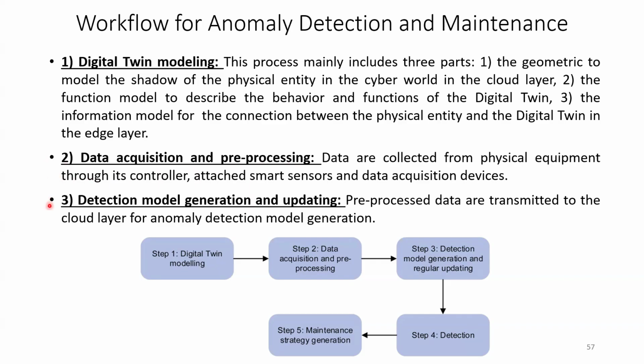Step 3 is detection model generation and updating. In this step, the pre-processed data are sent to the cloud layer, where the machine learning or analytical models are created and updated regularly. So these models help identify anomalies and detect patterns that may indicate early signs of system faults, as we discussed before.